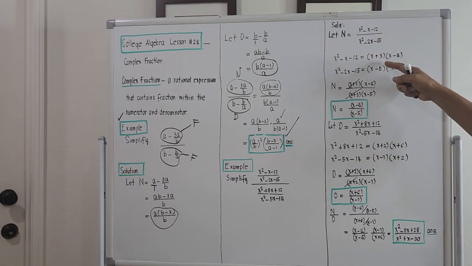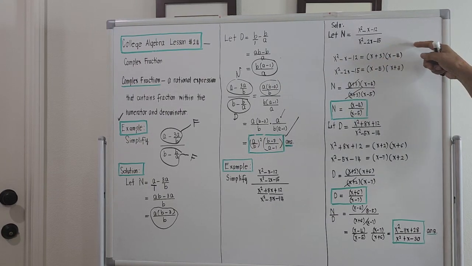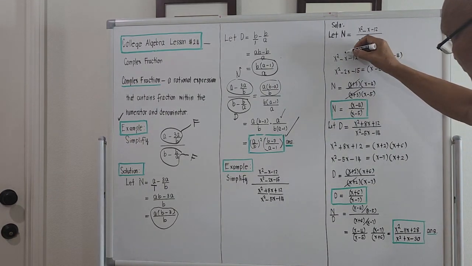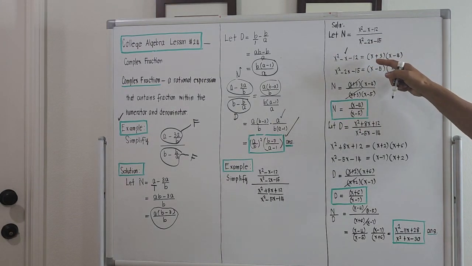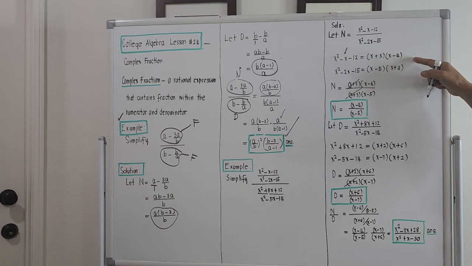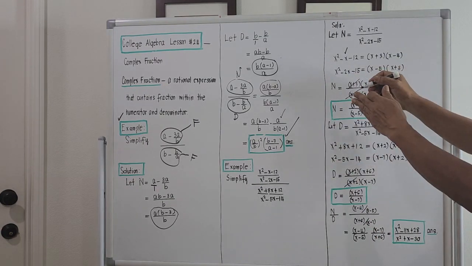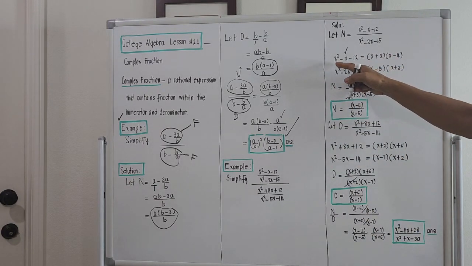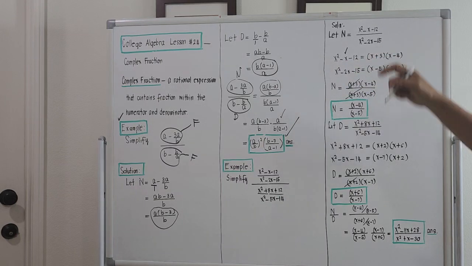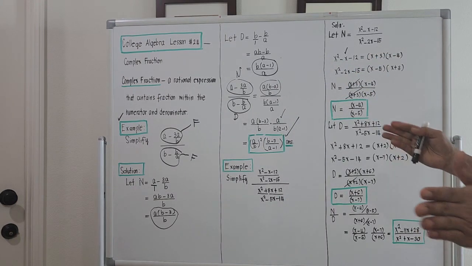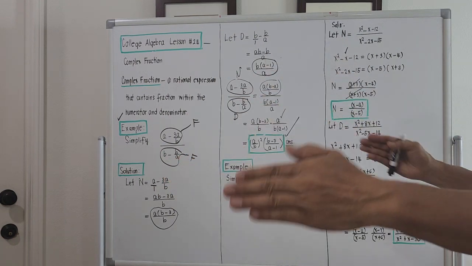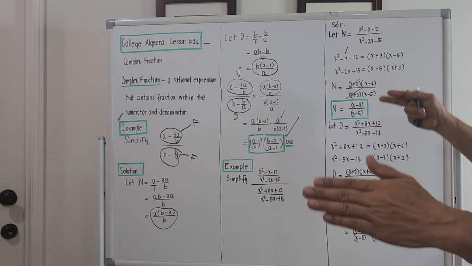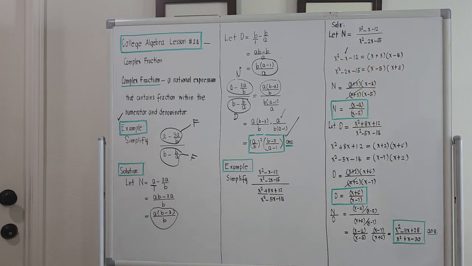Checking the middle term will be 3x minus 4x. So the middle term is negative x. So the binomial expansion x plus 3 times the quantity x minus 4 is actually the linear factors of the given quadratic equation x squared minus x minus 12. So it all depends on your knowledge of the previous lesson. That's why we do first the factoring before we proceed with the simplification of complex fractions.